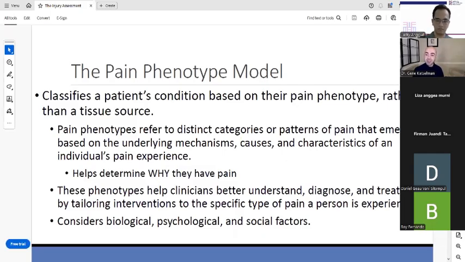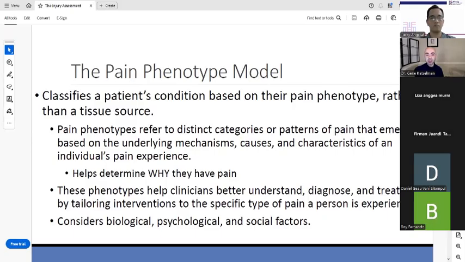So when it comes to this pain phenotype model, we classify a patient's condition based on their pain phenotype rather than a tissue source. A pain phenotype refers to a distinct category or pattern of pain that emerges based on the underlying mechanisms, causes, and characteristics of an individual's pain experience.